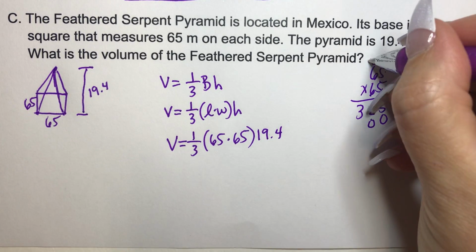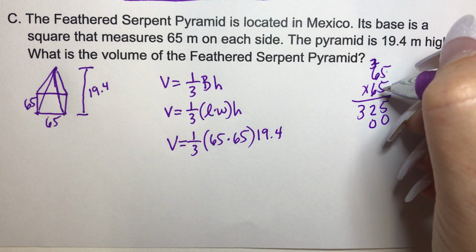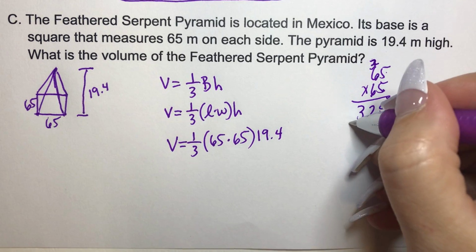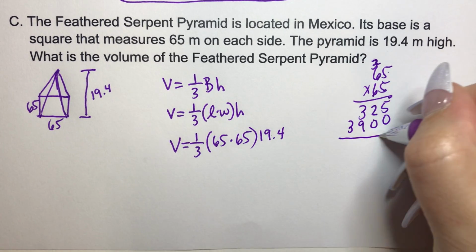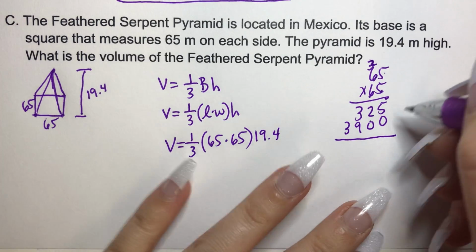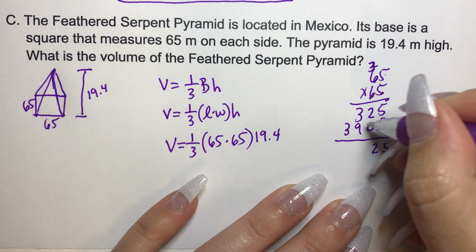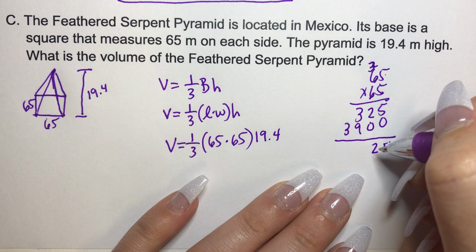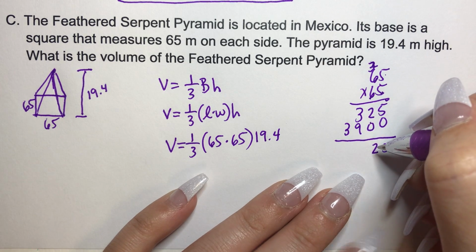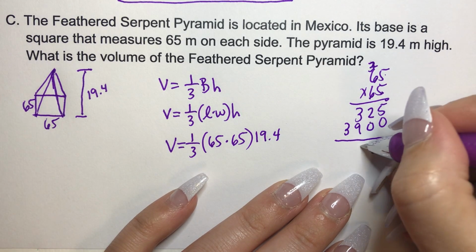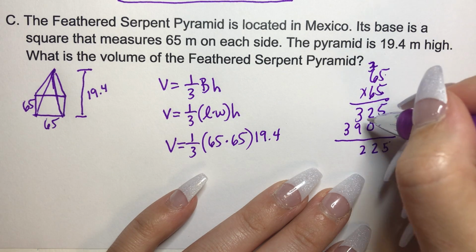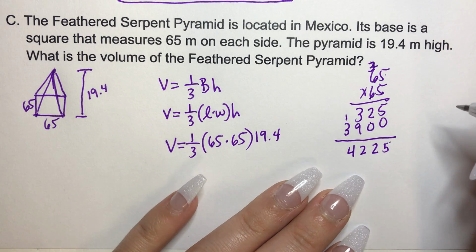Write the 0, carry the 3. 6 times 6 is 36, plus 3 is 39. And then we have 5, 2, that would be 12. 3 plus 9 is 12. Carry the 1. And 4.